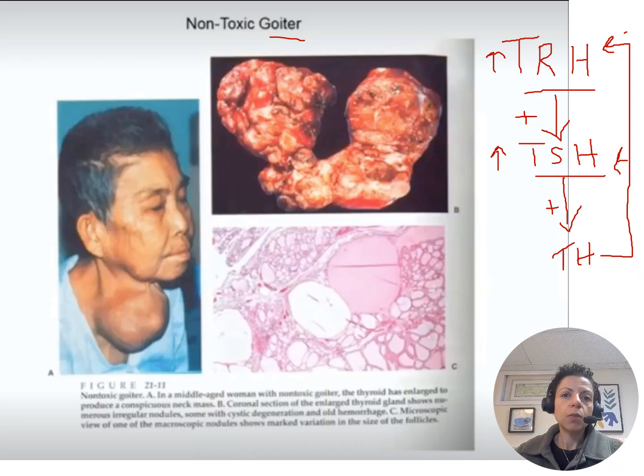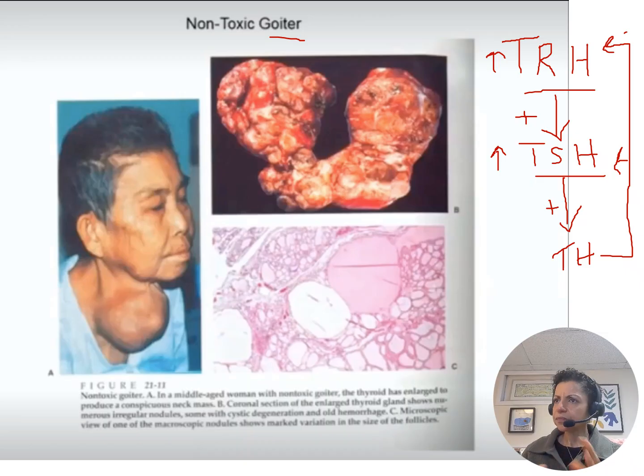And so now, with that elevated TSH, the thyroid gland can get bigger and can now manage to produce a normal amount of thyroid hormone. Okay. And so the result is an enlarged thyroid gland because of elevated TSH, but it's an impaired gland. So it's an enlarged gland that now can function as normal because it's getting extra stimulation from the TSH. Okay.